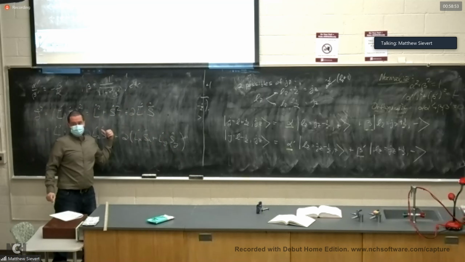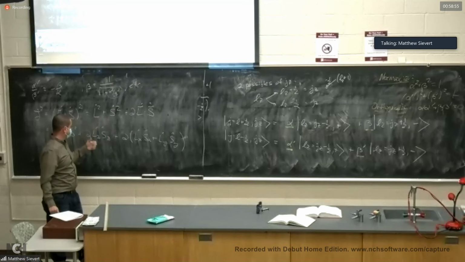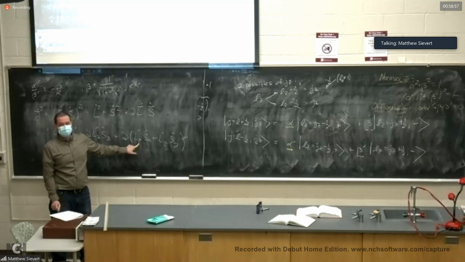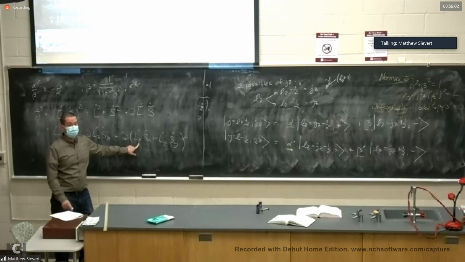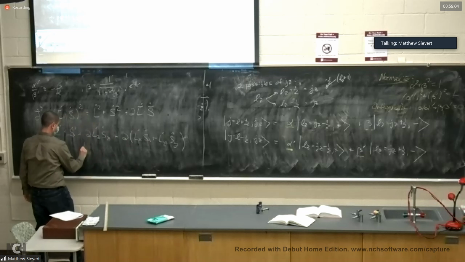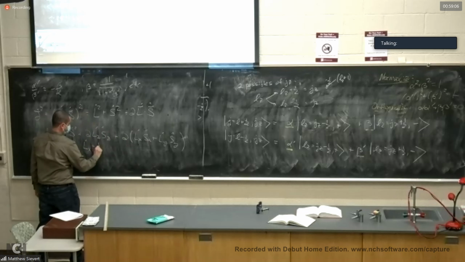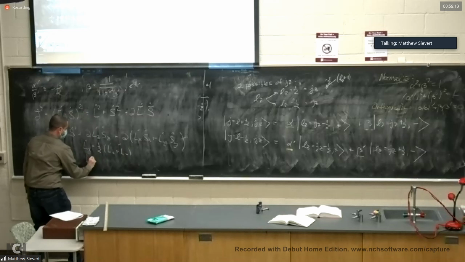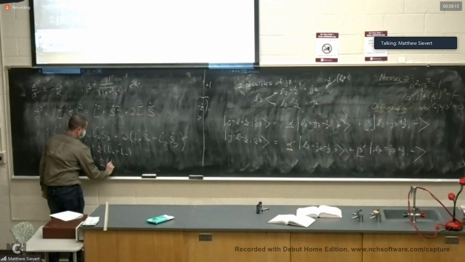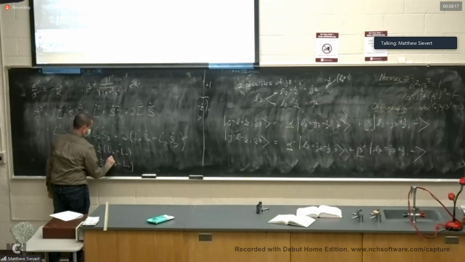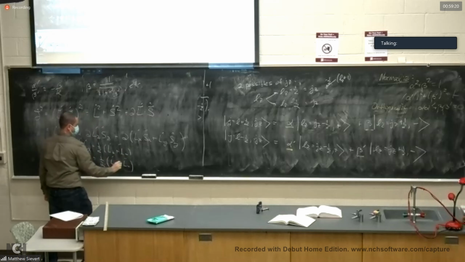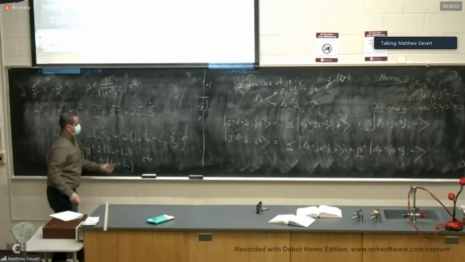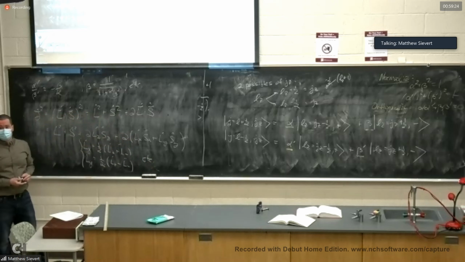These guys do not commute, they do not play nicely in terms of Sz and Lz. It's advantageous to trade them out in favor of L plus and L minus, and S plus and S minus. So we use, for instance, Lx is 1/2 (L plus plus L minus), and Ly is 1 over 2i (L plus minus L minus), and you have a similar relationship for S plus and S minus.